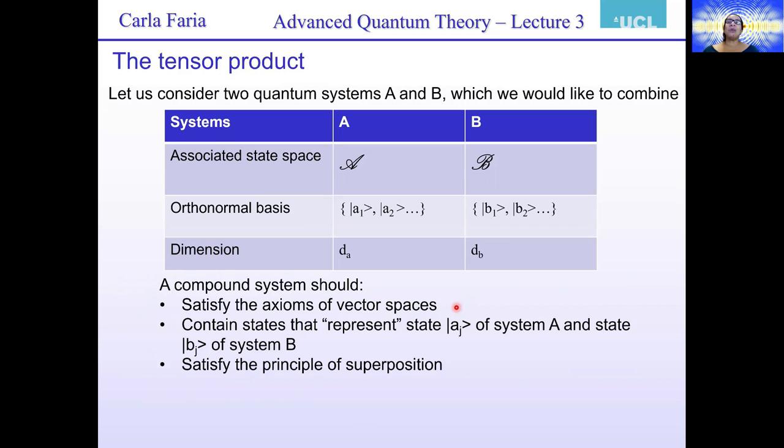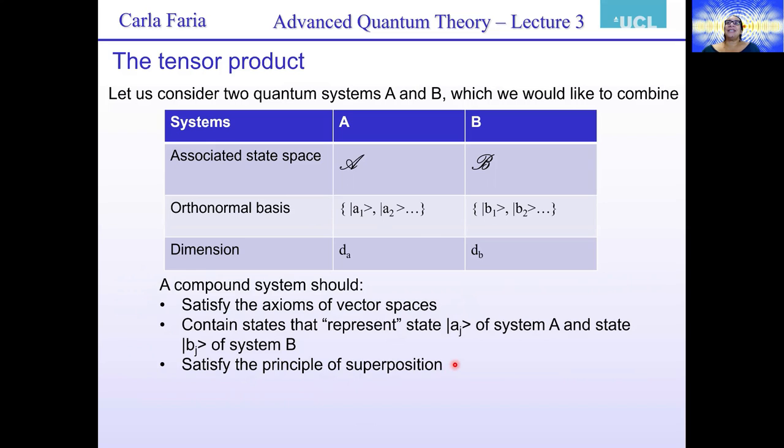So their axioms should be satisfied. And we would like to have states in this compound Hilbert space that represent state Aj of system A and state Bk of system B. And also they have to satisfy the principle of superposition.